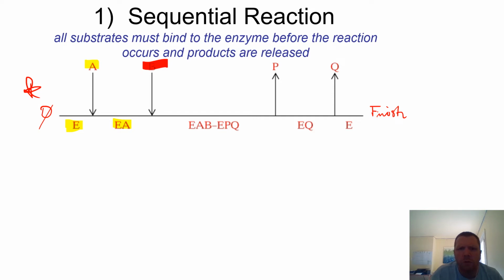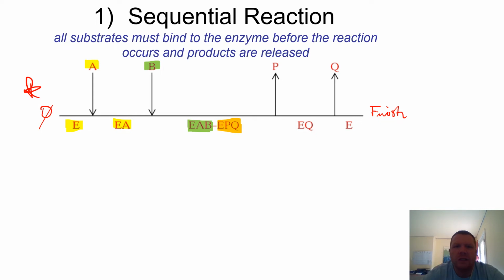Maybe I shouldn't have used a red highlighter to highlight a red letter. At any rate, substrate B can bind, and we have formed this EAB complex. That is the entire complex with the enzyme bound to both of the substrates, and it is ready to go. A reaction takes place, and we form our two products, P and Q. It doesn't really matter which reactant becomes P and which becomes Q; that's going to be variable for any reaction.